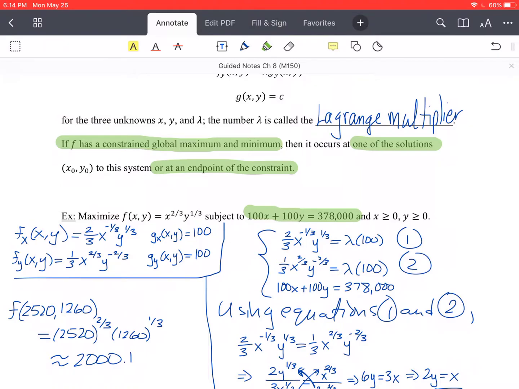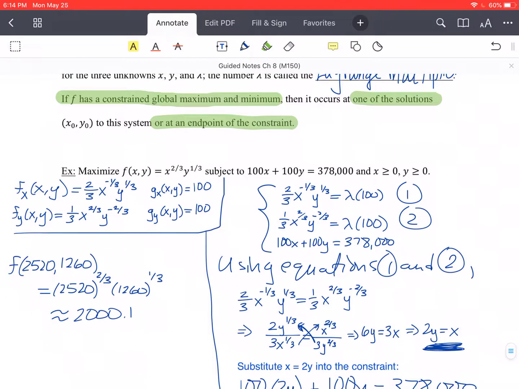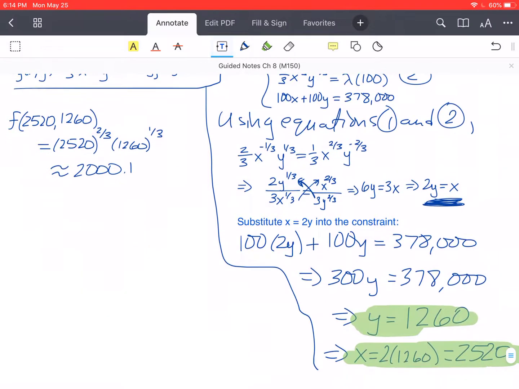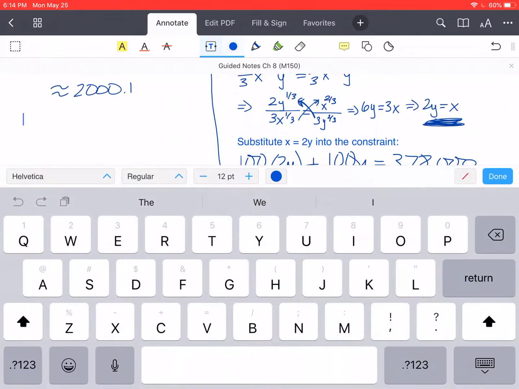Okay, so that would be where x is 0 and y is 30,780, or when y is 0 and x is 3,780. But in both of those cases, our function is going to turn into a 0 because either x or y would be 0. So we won't have to worry about those in this case, but I do want to state that just so we have it written down.